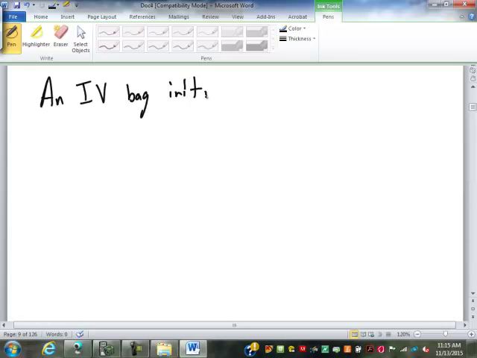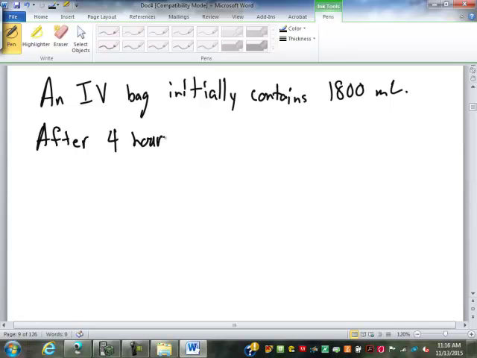Let's say an IV bag initially contains 1,800 milliliters. After 4 hours, it contains 1,200 milliliters.